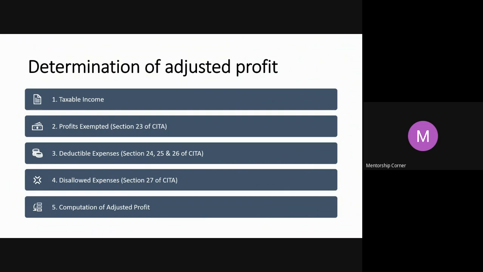We'll be looking at disallowed expenses. Then we'll be looking at computation of adjusted profit, which is our main goal. So why are we looking at all these things? Because they are the important steps required for us to arrive at our number 5 item on this list. So we'll kickstart by looking at each and every one of these items now.